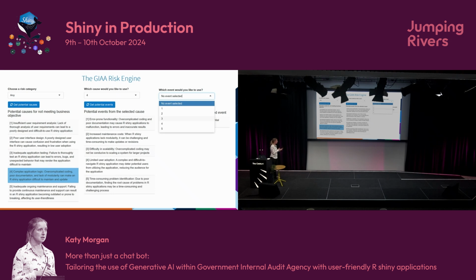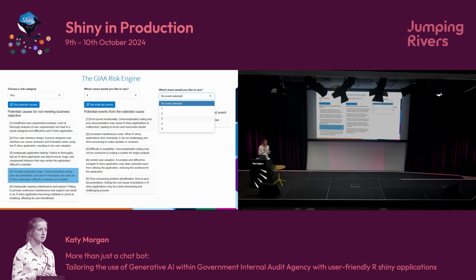So we've got error-prone functionality, increased maintenance costs because it's difficult to make updates or revisions if the code's really complicated, difficulty in scalability, limited user adoption because the app's just too complicated, and time-consuming problem identification because it's difficult to find where the bugs are.